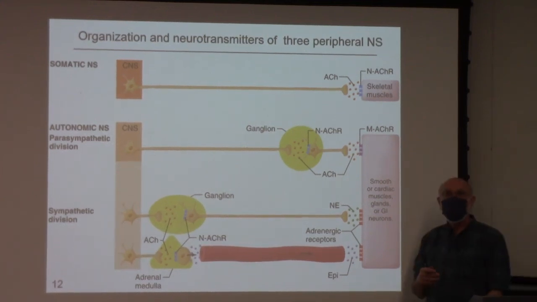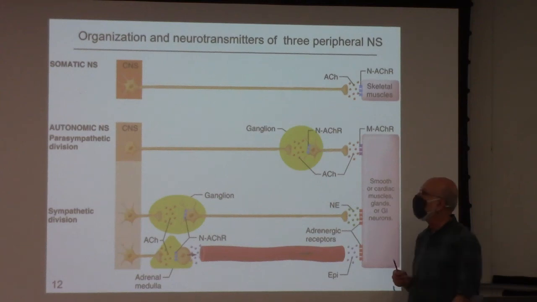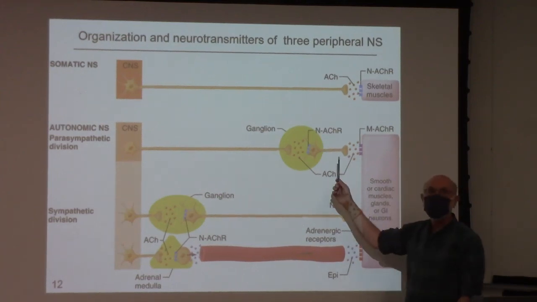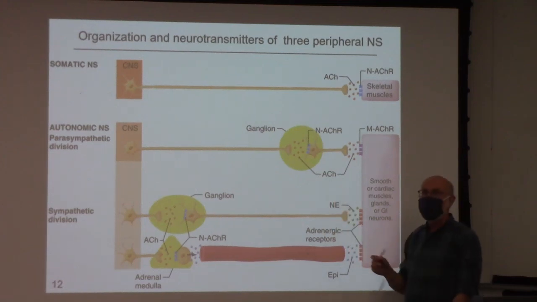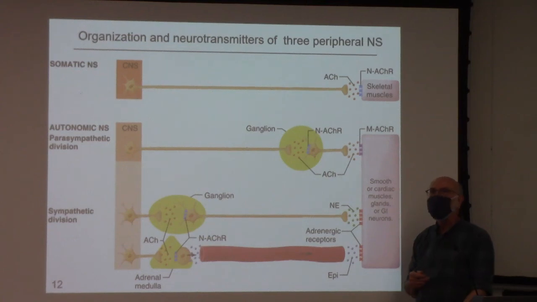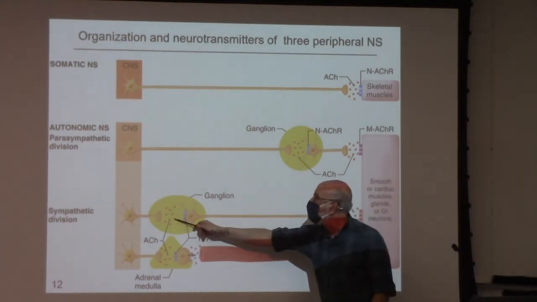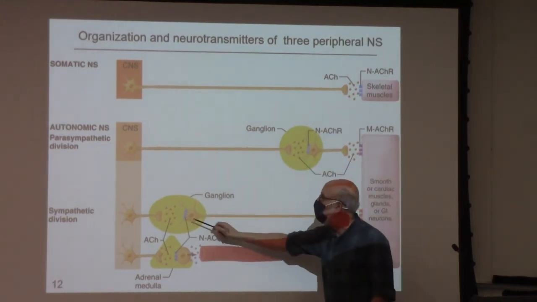So what you might want to do, I didn't do this for you, is print this out large enough to actually label. Take some white out, or just cross out the names of everything. Put it aside so you forget what you just crossed out. Come back to it an hour later and try to label it. Try to remember that this is acetylcholine, and this is acetylcholine, and this is nicotinic, and this is nicotinic.